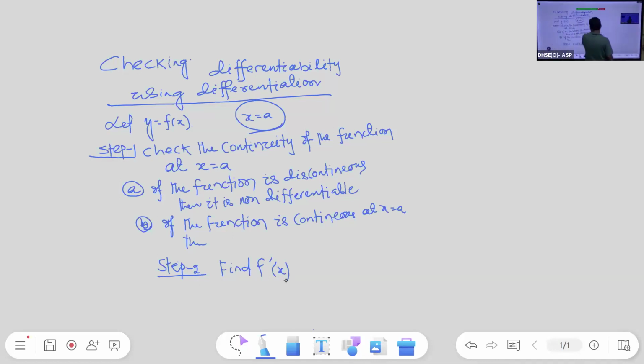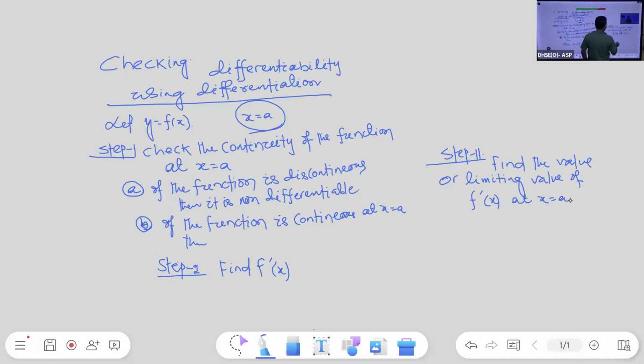Then come to step 3: find the value or limiting value of f dash x at x is equal to a.